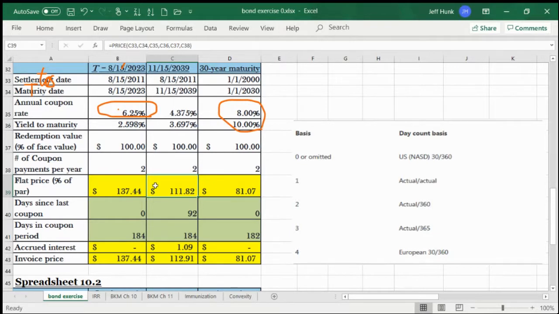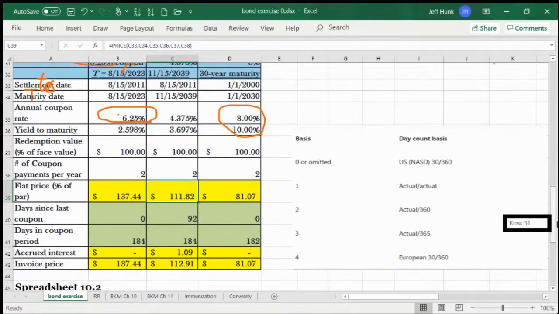But a novice or a layperson, when looking at this, would be misled to think that the bond price is 137. No, it's not.